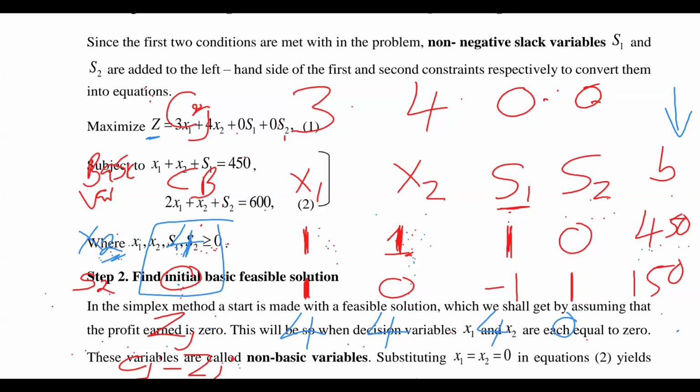4 times 450 plus 0 times 150. That's what you are doing, isn't it? Even now in the B column we do the same.